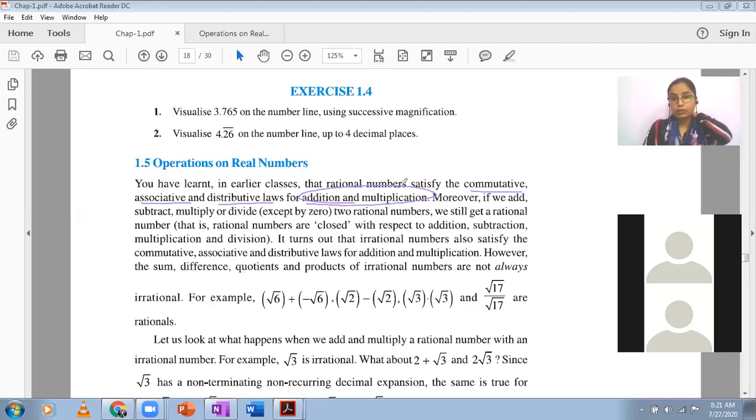Whereas you can change the order when you want to add two rational numbers or multiply two rational numbers. And you can group them in any way. If you have more than two rational numbers to be added or multiplied, you can start with any two and then bring in the remaining ones one by one. And distributive property means multiplication of rational numbers can be distributed over addition and subtraction.